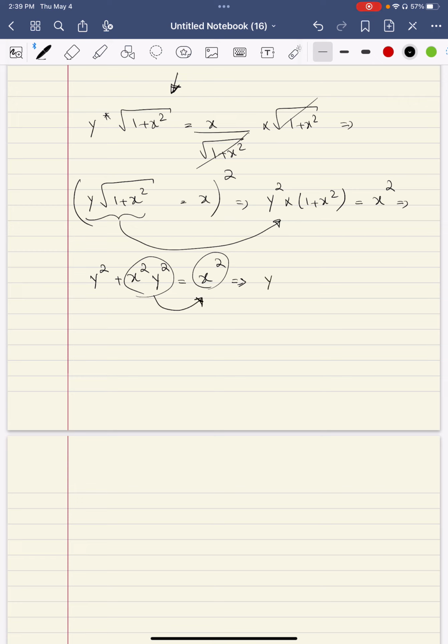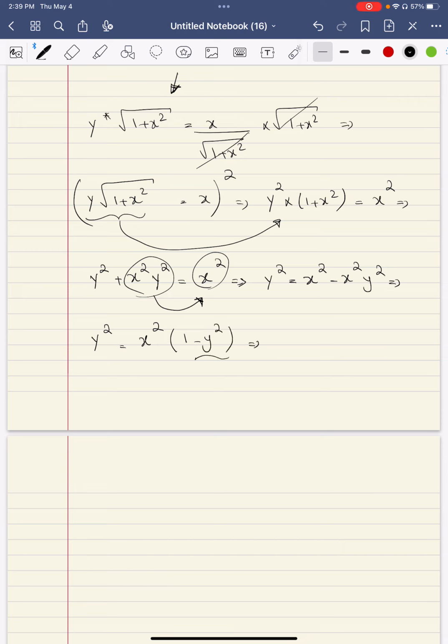So it will be y to the power of 2 equals x to the power of 2 minus x to the power of 2 times y to the power of 2. Again, we have x to the power of 2 times 1 minus y to the power of 2, right?